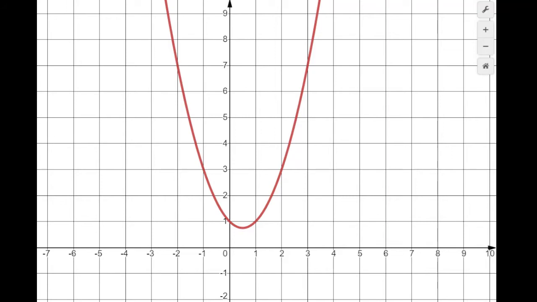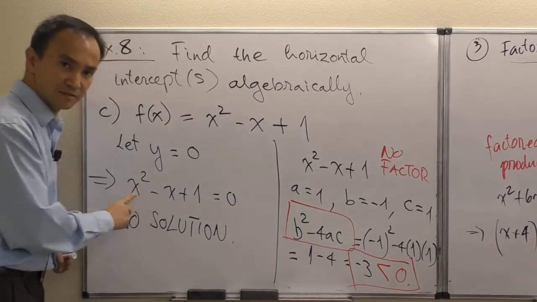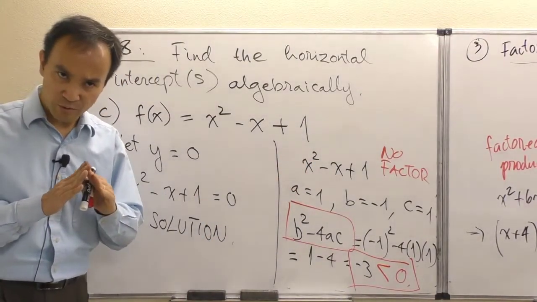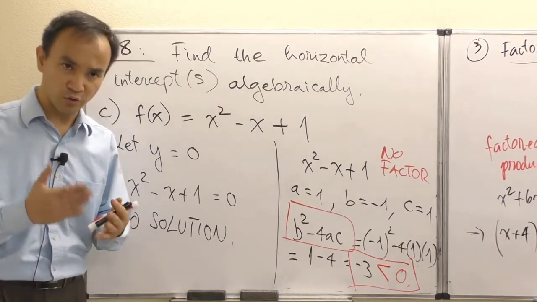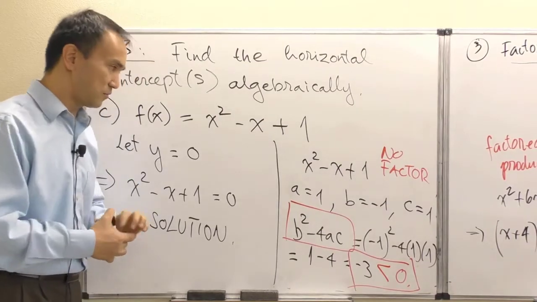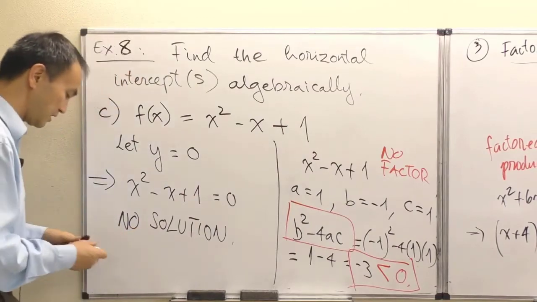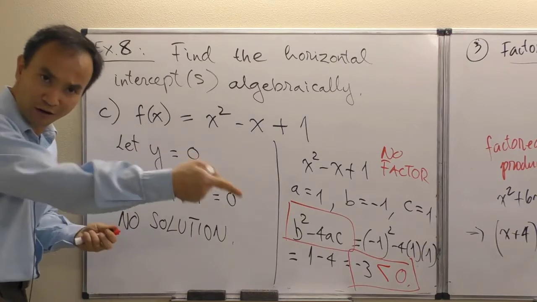That is what no solution means here. Obviously we could not factor. Anytime we are able to factor successfully, we end up with some horizontal intercepts. But now we have no factor, consequently no solution. We saw that on the graph earlier.